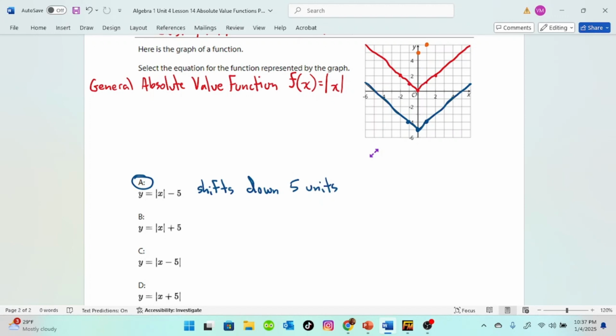And if x is negative 1, the absolute value of negative 1 is 1, plus 5 is 6. So when we add 5 outside the absolute value symbol, what we do is we shift the V up 5.